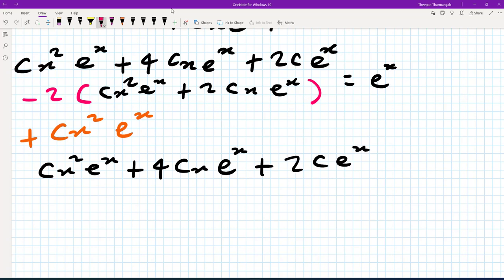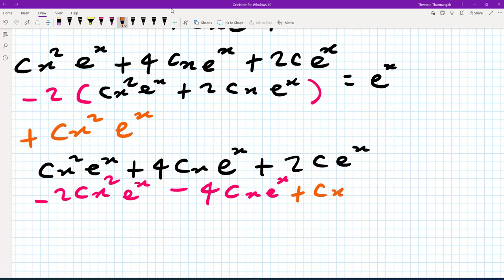Then in pink we get minus 2cx squared e to the x minus 4cx e to the x, and then in orange plus cx squared e to the x. Now all of that, don't forget, is equal to e to the x.